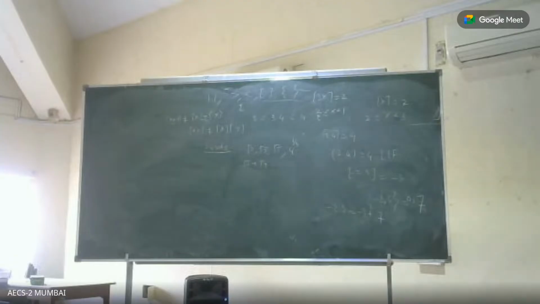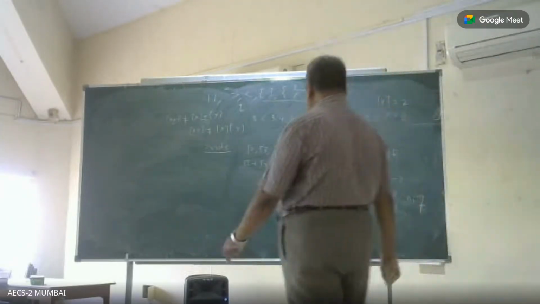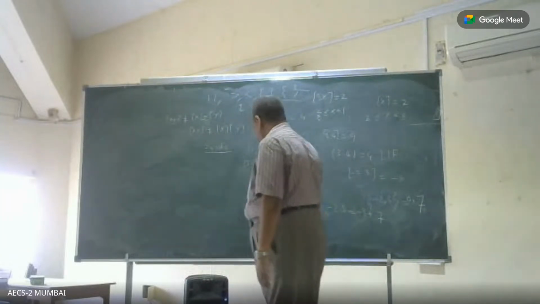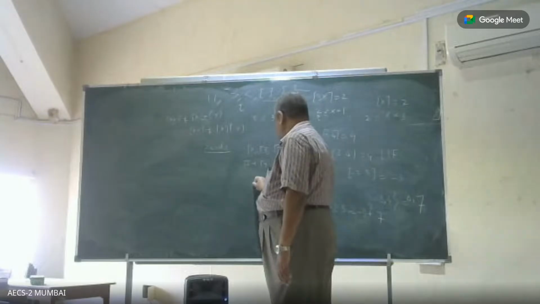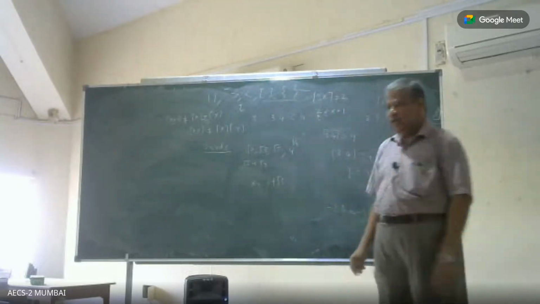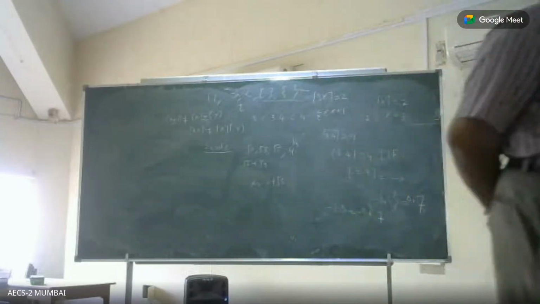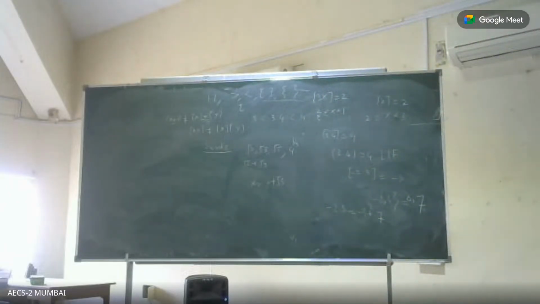Quadratic surd means, suppose you want to, can you construct a quadratic equation whose roots are 2 plus root 3? How to construct an equation whose roots are 2 plus root 3? No, we don't mind.